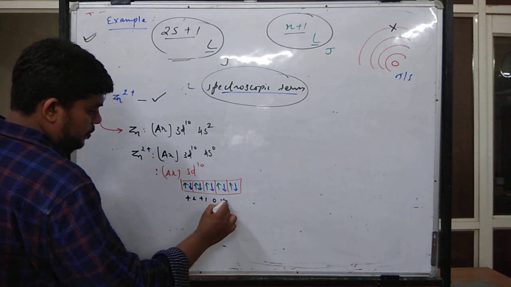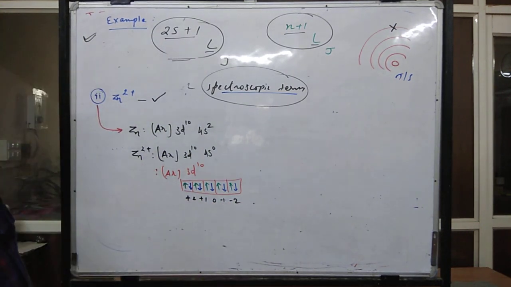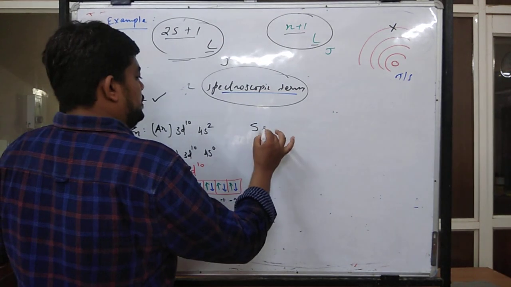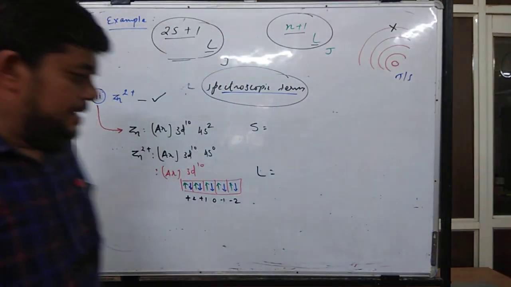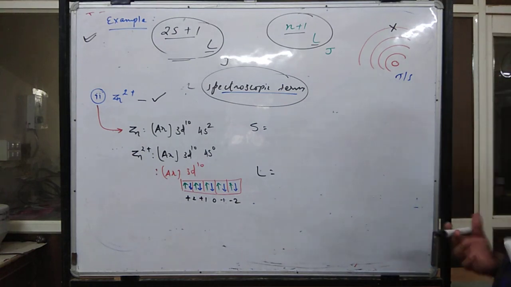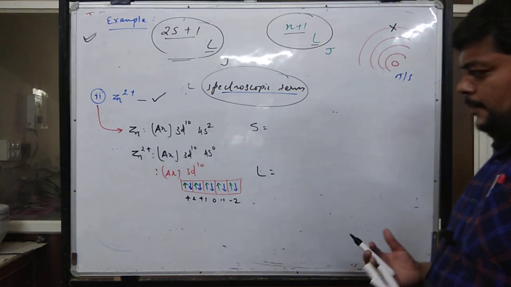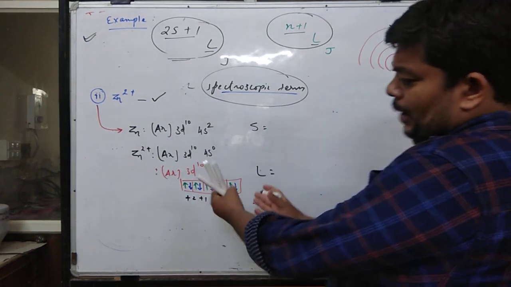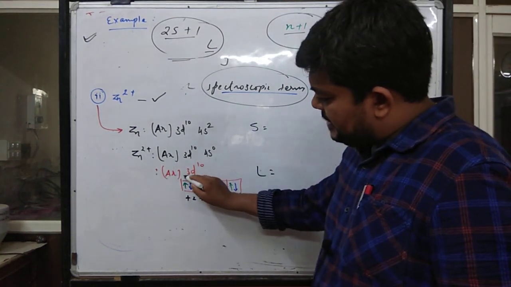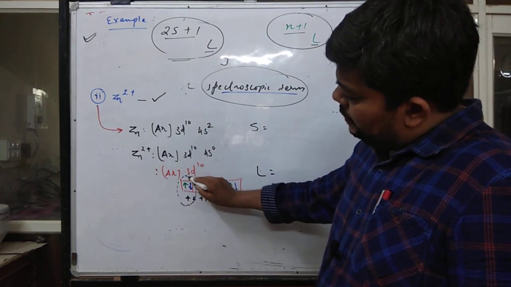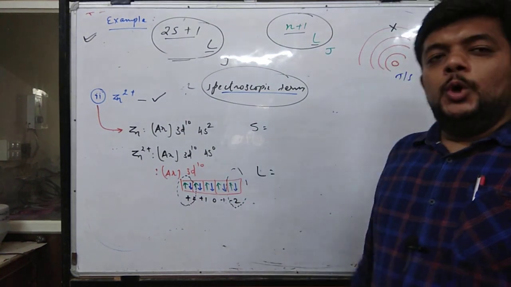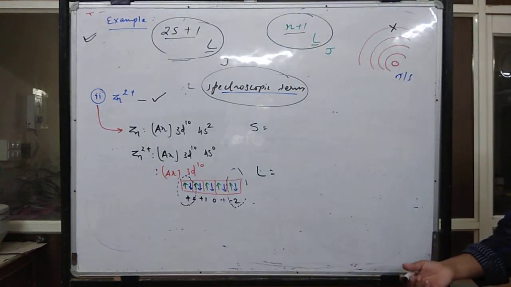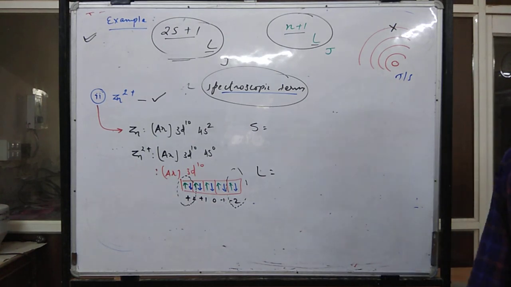+2, +1, 0, -1 and -2. Again very interesting, total spin and L. First let us go for this L. Just now I told you something, that when the sum of the values seems to be equal, over here if someone checks 2 electrons with +2 and at the same time 2 electrons with -2, you can get a generalization that it has to be 0 because it will get cancelled off.